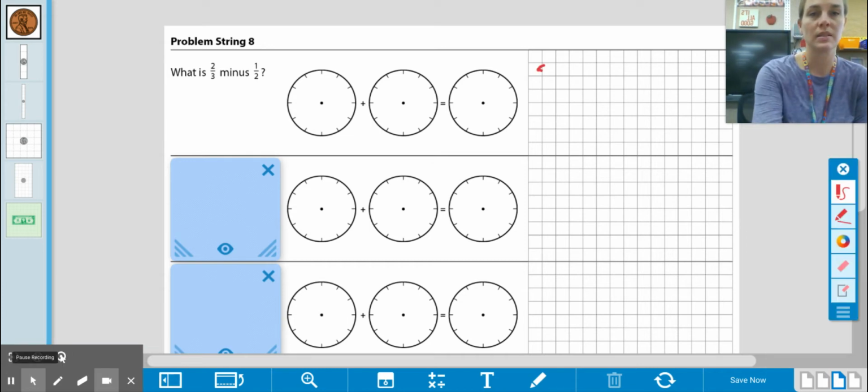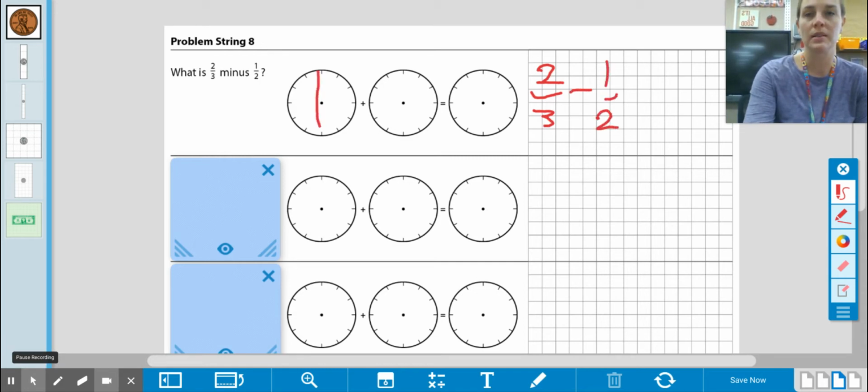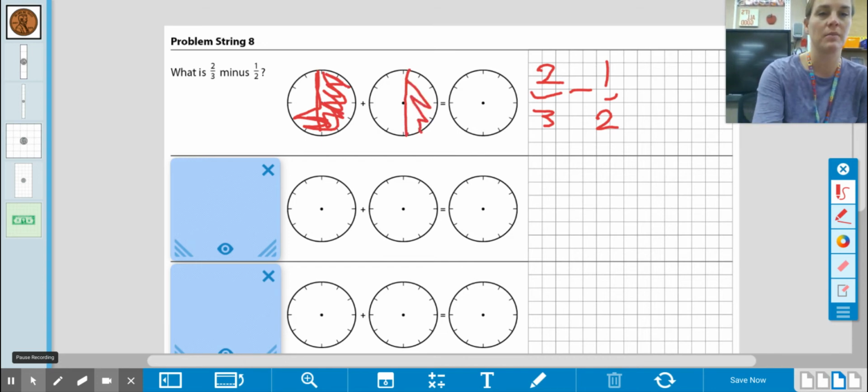All right, so Mrs. Ellison wrote down her problem, 2/3 minus 1/2. I'm going to use my clock model here. Hey, there is my half. There's my 2/3. And here's my half. If I were to subtract off a half from that, what would it look like? Well, I can see that this piece right here is what would get subtracted off.